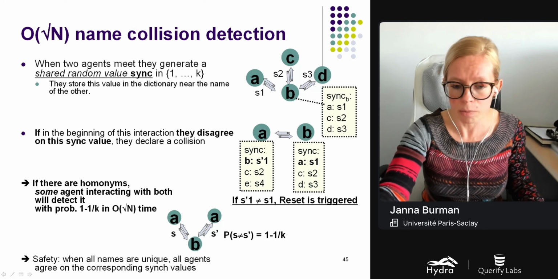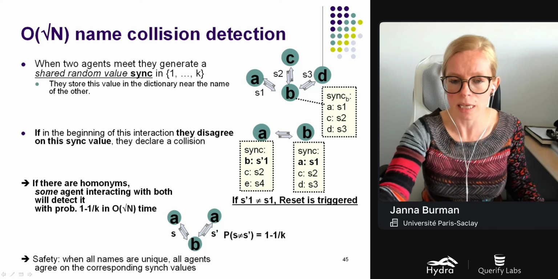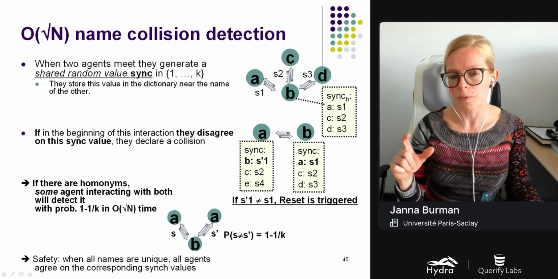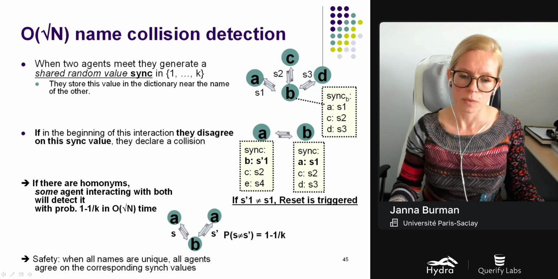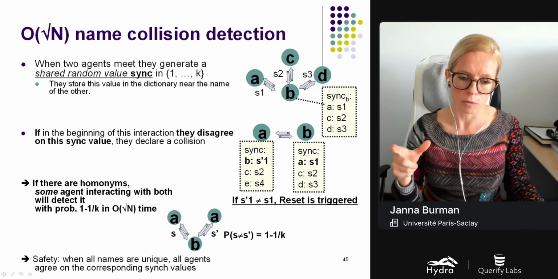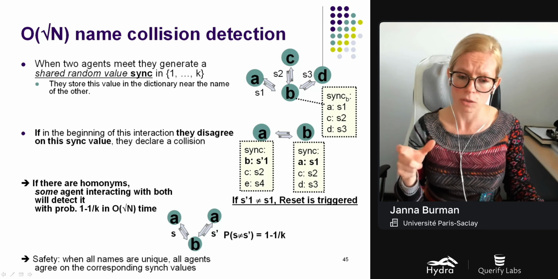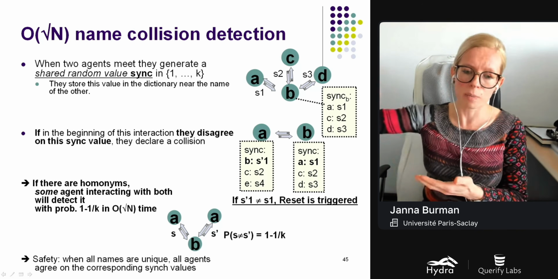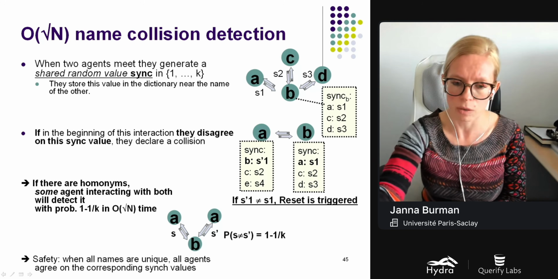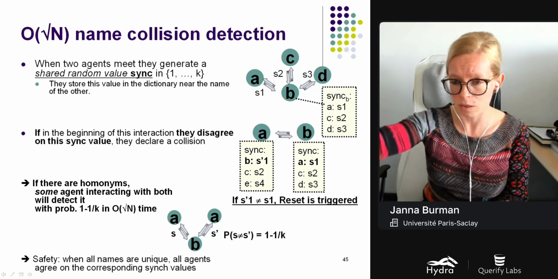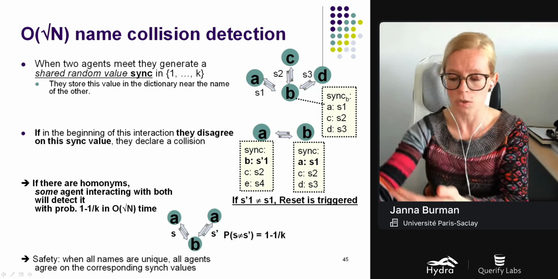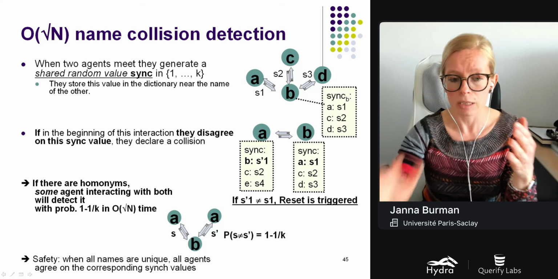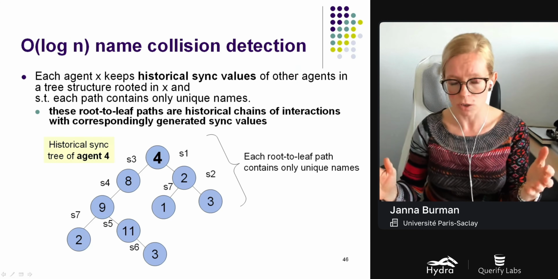But how can we accelerate this? So the idea is to keep not only the very last sync value that a couple of agents generated, but also keep the historical sync values of other interactions, of the interactions of this other agent with others, and so on, in a tree-like structure.